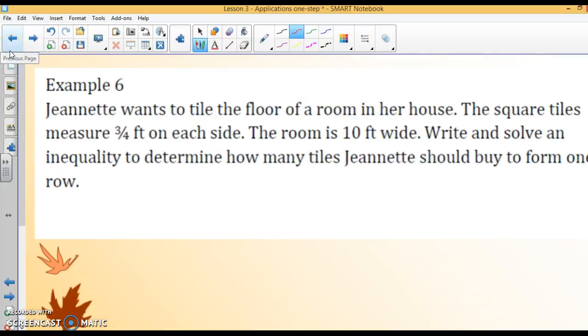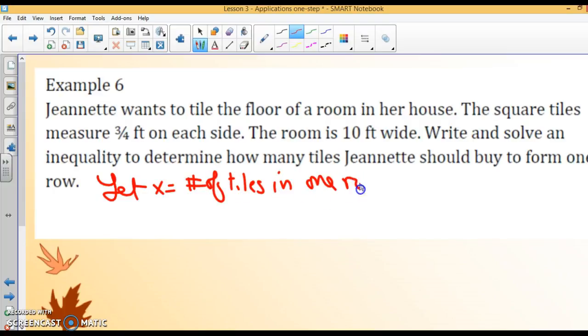All right, Jeanette wants to tile the floor of a room in her house. The square tiles measure 3/4 of a foot on each side. The room is 10 feet wide. Write and solve an inequality to determine how many tiles Jeanette should buy to form one row. So let x equal the number of tiles in one row.